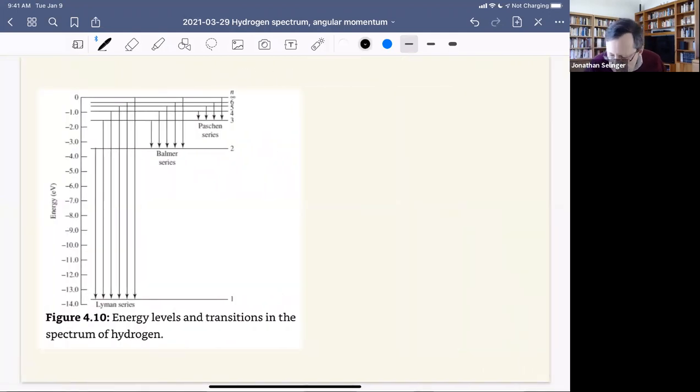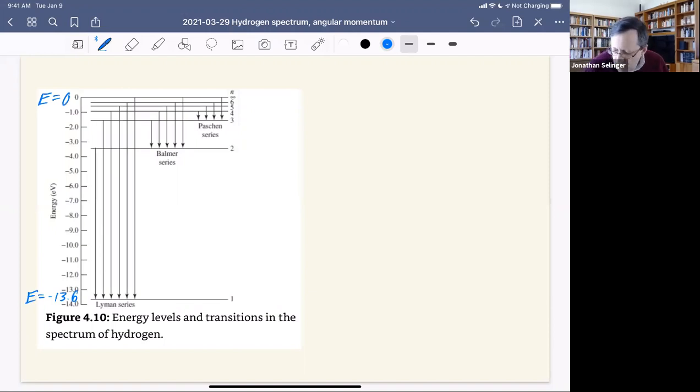Okay, so here's a plot that I copied from the textbook. Right? So this is a plot that shows what are the energies, right? Starting at the negative 13.6. It's down here, and going up to E equals 0. Okay.